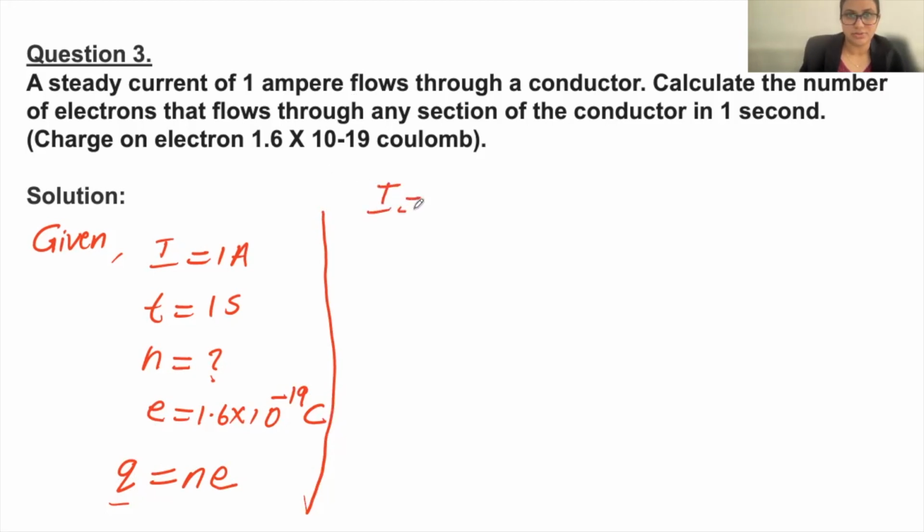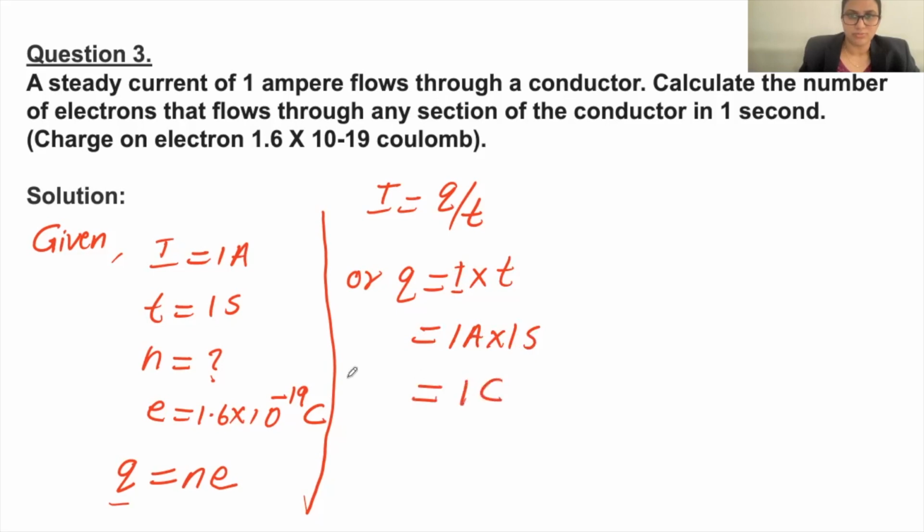I is equal to Q divided by T, or Q is equal to I times T. So 1 ampere times 1 second, which gives what? 1 coulomb. So we got the answer for Q, which is 1 coulomb.